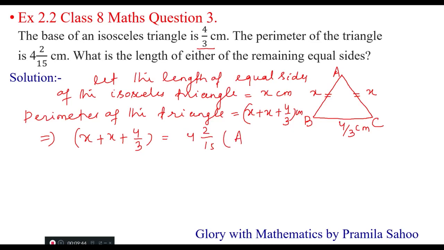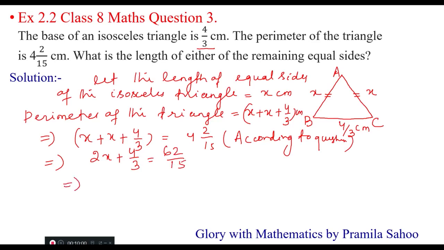So this implies 2x plus 4 by 3 is equal to 62 by 15. So 2x is equal to 62 by 15 minus 4 by 3.